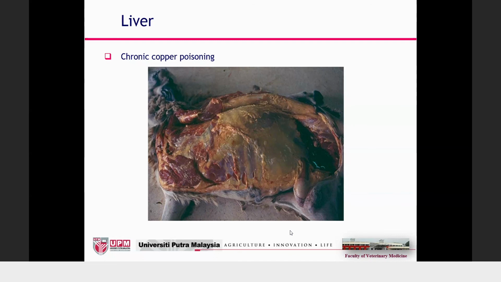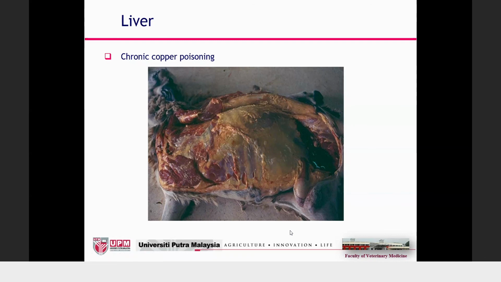So during that time, what we expect to see is necrosis of the liver, but at the same time also a high content of free copper in the blood vessel, and also in the kidney, that leads to lysis of RBC. So depending on which comes first, when there's a stage of hepatic necrosis, before lysis of RBC, the animal might have jaundice because of damage or failure of liver function.